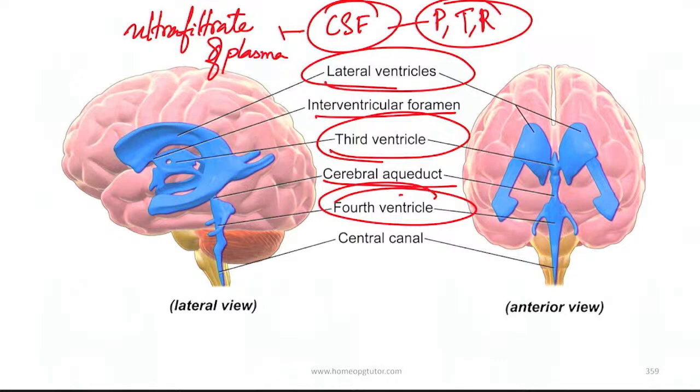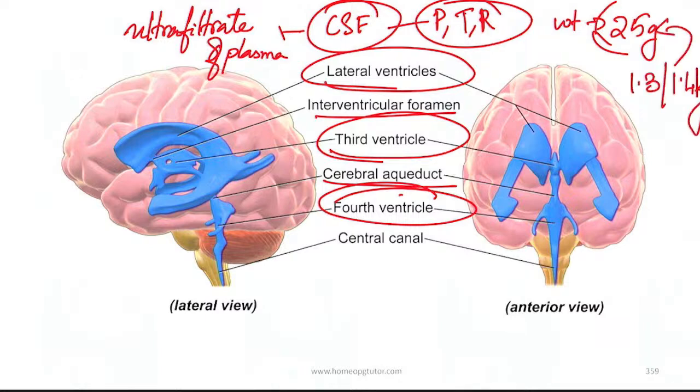If the base of the brain is compressed because of the weight of the brain, all the blood supply will be cut off and the nerves will be damaged. To prevent that, the buoyancy has to be maintained. So the weight of the brain is reduced from 1.3 or 1.4 kilogram to around 25 gram. That is one of the functions of the CSF.